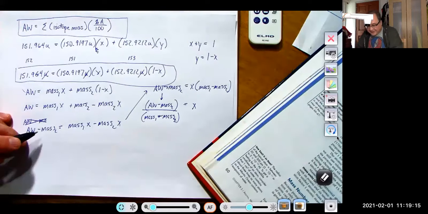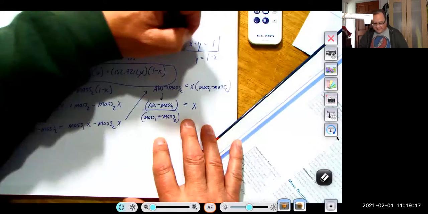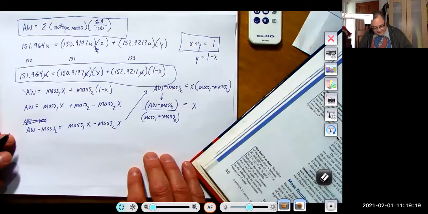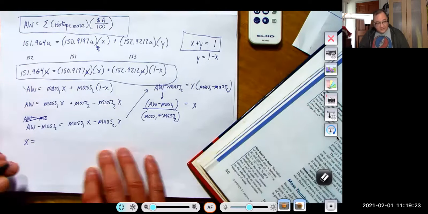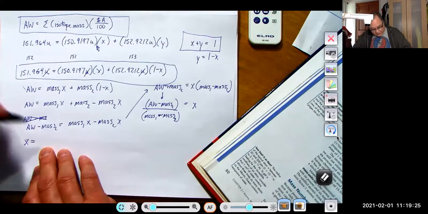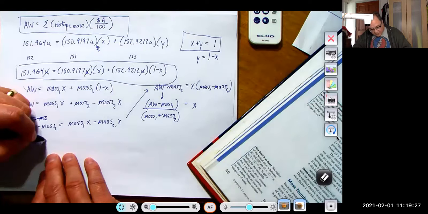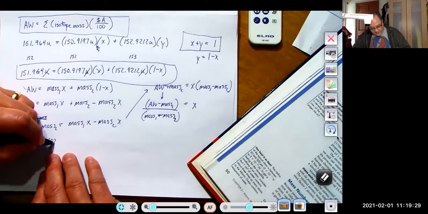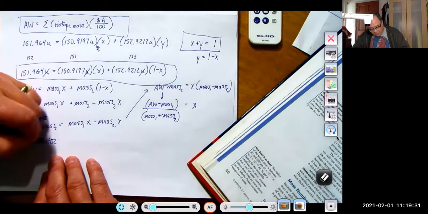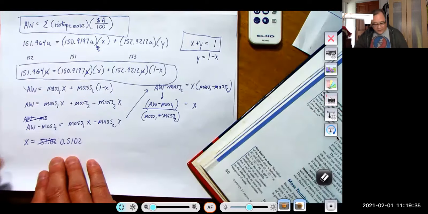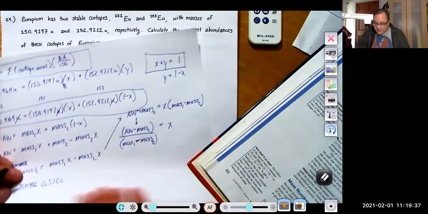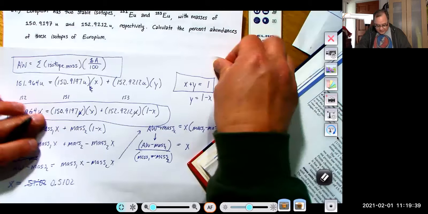I expect to see this. And then I expect to see that X is equal to, so let's say we get X is equal to 0.5102. The actual question is calculate the percent abundance.